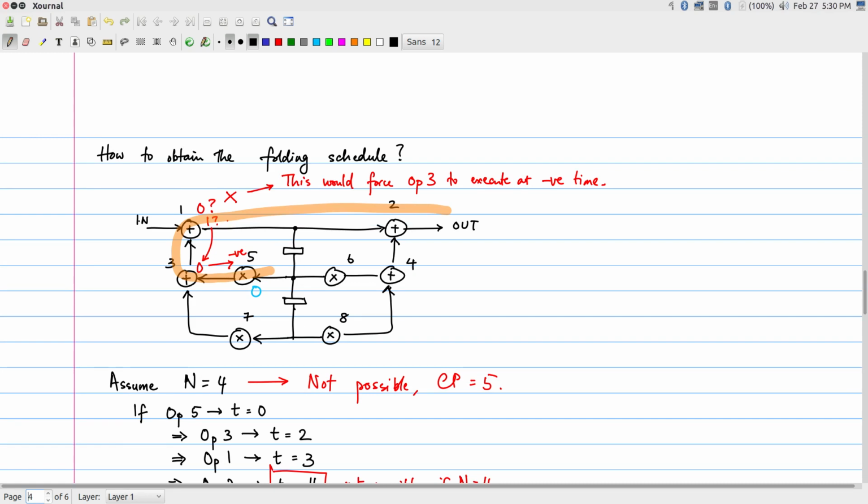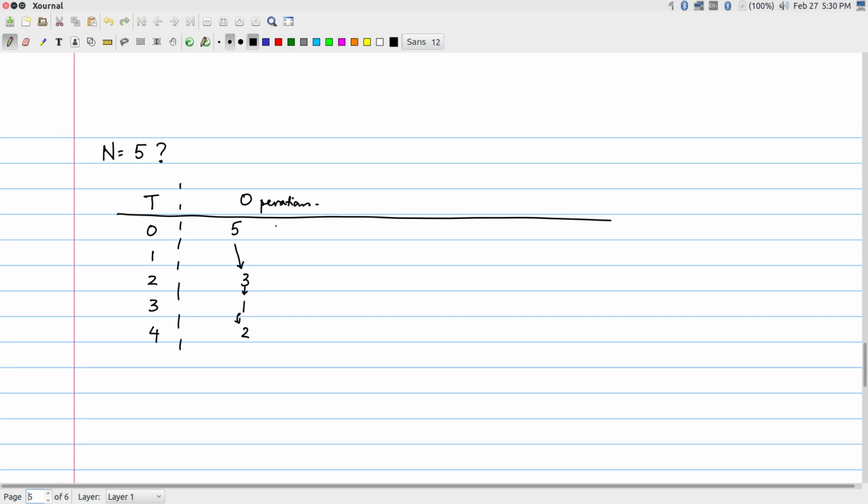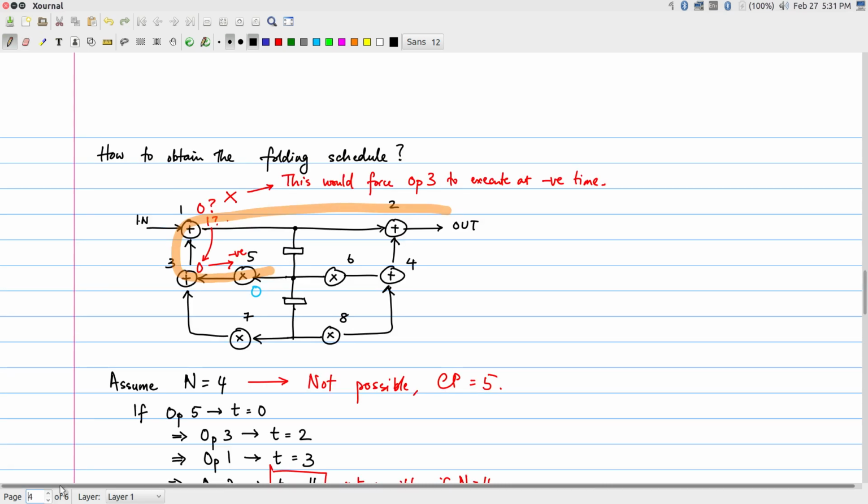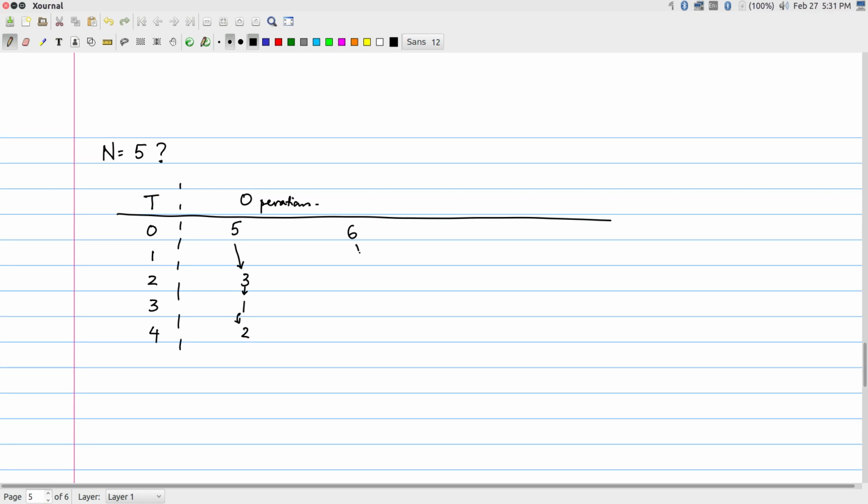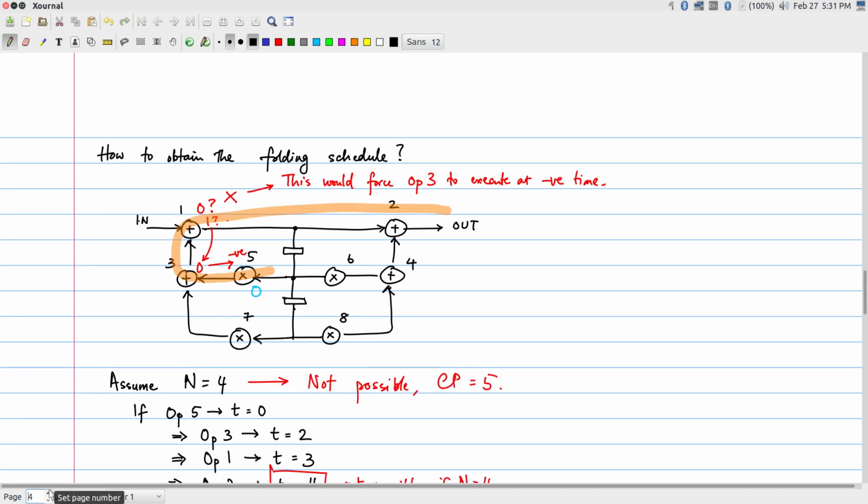What about operation 6? That can also execute at time 0. That in turn feeds into operation number 4, and that in turn feeds into operation number 2.